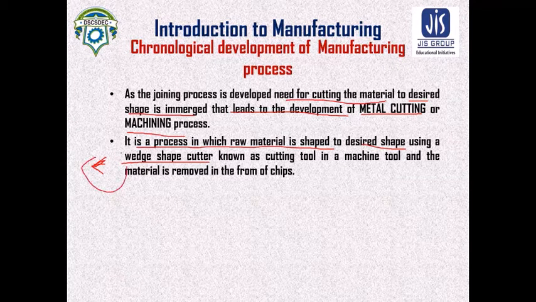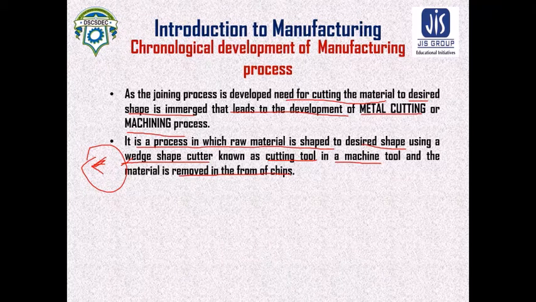This pointed edge is known as wedge shaped. This wedge-shaped cutter is known as the cutting tool in a machine tool, and the material is removed in the form of chips.